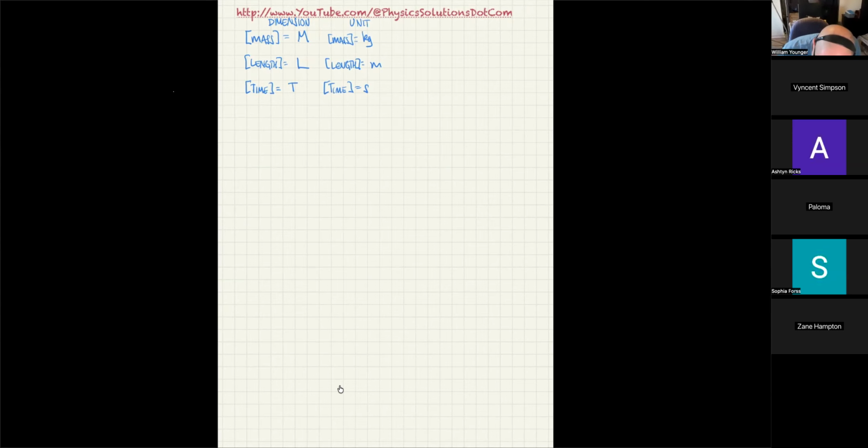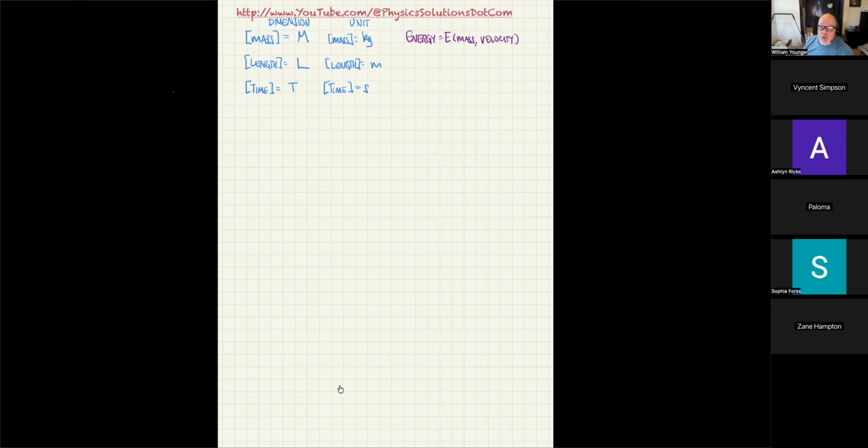So let's say energy is E, and we expect this quantity E to be dependent on mass and velocity.